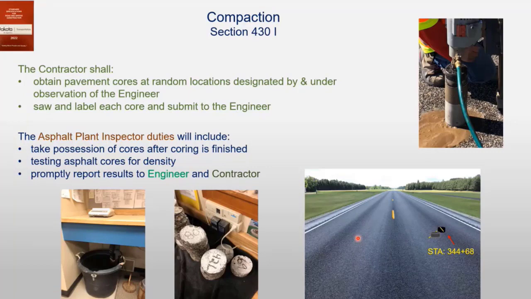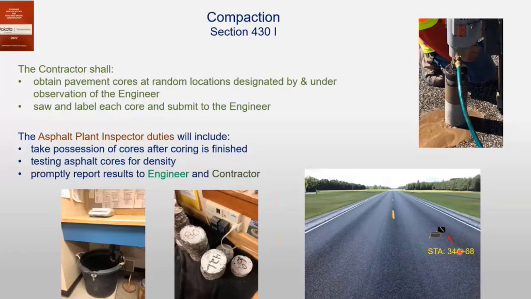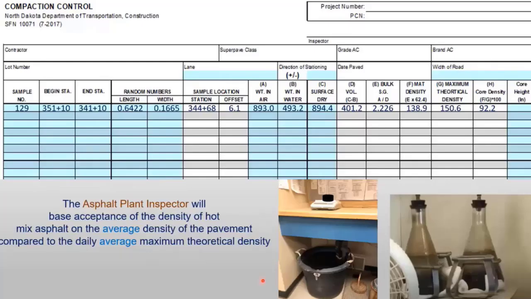There's going to be a little bit more processing, but then finally we're going to test them for the bulk specific gravities of these. Then we take that information, for instance, this one has a station 344, and you enter that in here. I just entered one here on this form, and this is done with the paving workbook. And then it figures out what your density is.